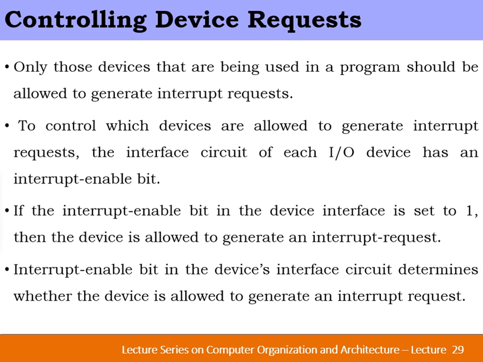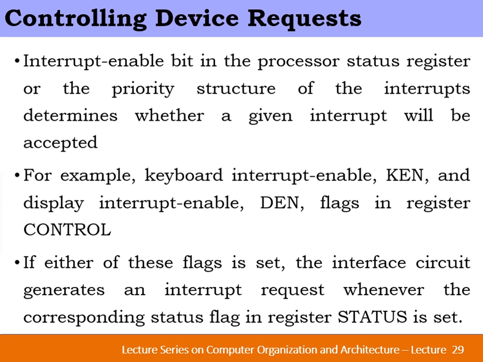If that interrupt enable bit is equal to 1, then that particular IO device will be given an option to generate an interrupt request. If the interrupt enable bit is equal to 0, then that particular device will not be given a chance to generate an interrupt request. By this mechanism, we can either allow the device to generate an interrupt request, or the option is not provided.